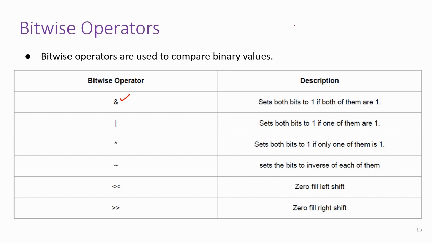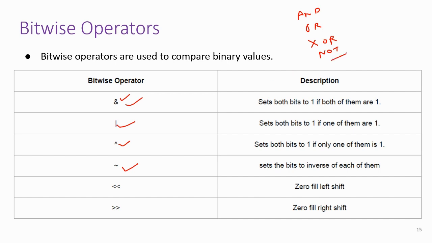You know the AND operation, OR operation, and XOR operation; these are logical, bitwise operations. Then you have the NOT operation. So this is the AND operator, this is the OR operator, this is the XOR operator, and this is the inverse or NOT operator.